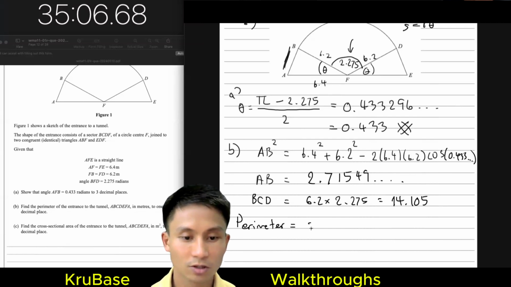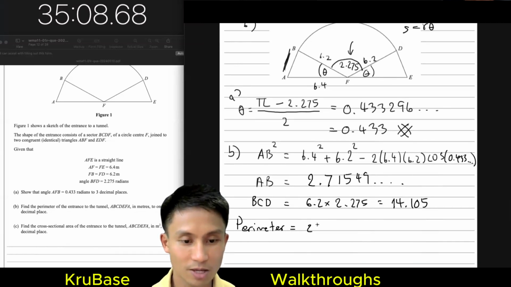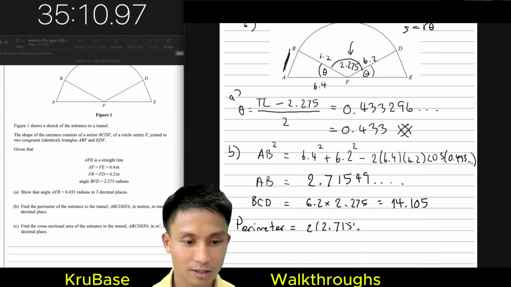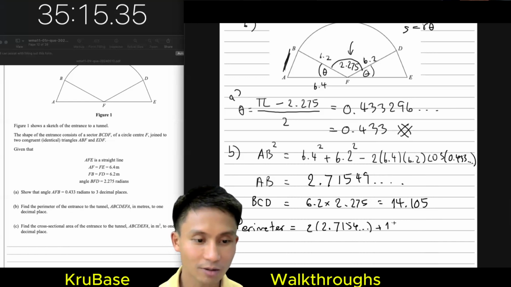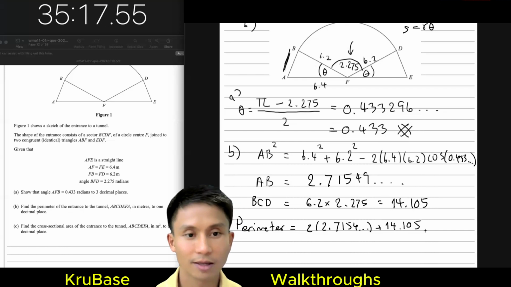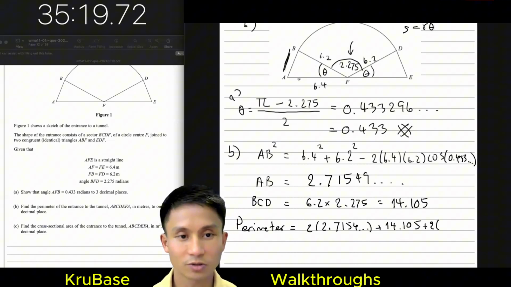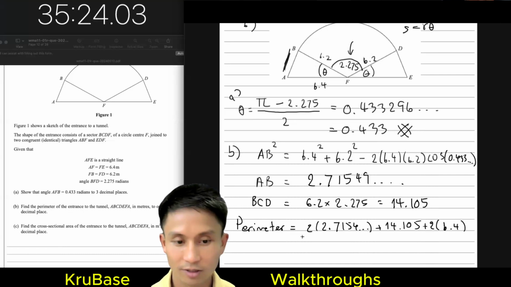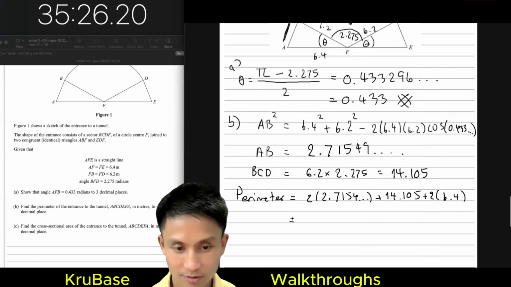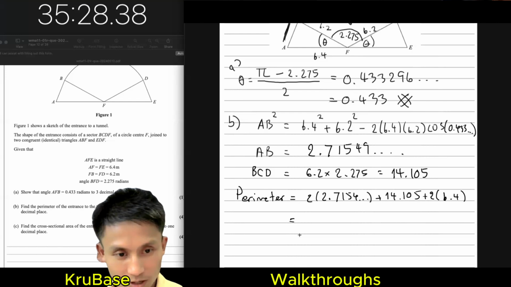All right. Now, perimeter, everything equals 2 of the AB. So 2 of that plus 1 of the arc, big arc, and plus 2 of the straight lines here, AF, which is 6.4. So that would be the perimeter, guys. Okay. So I already have that.